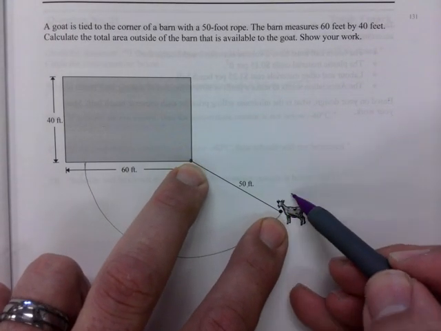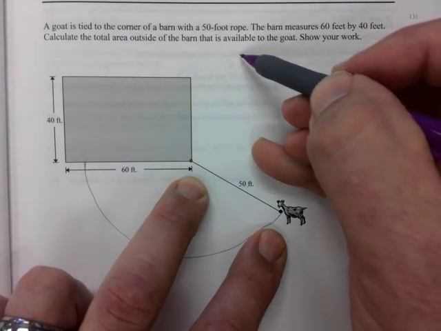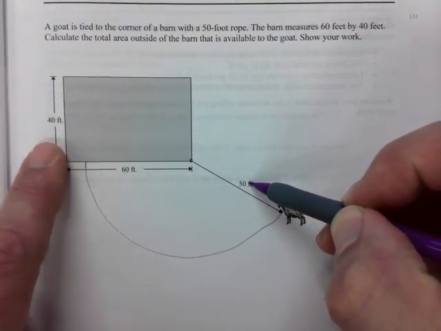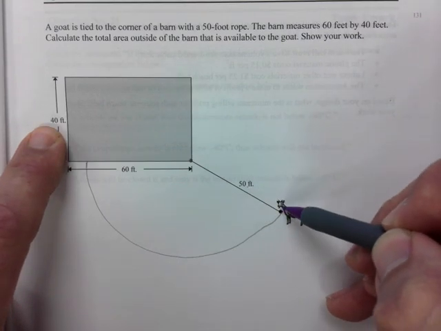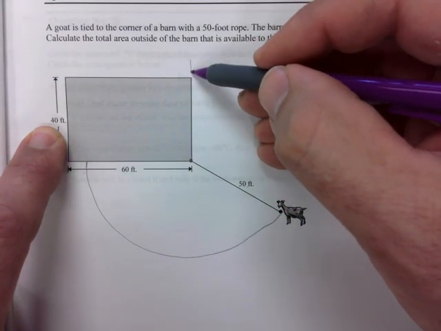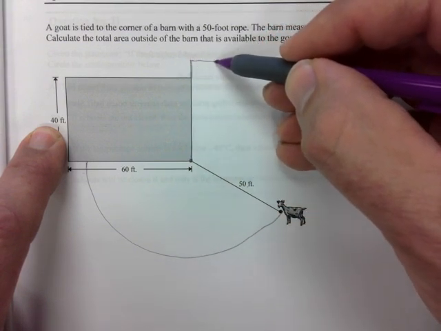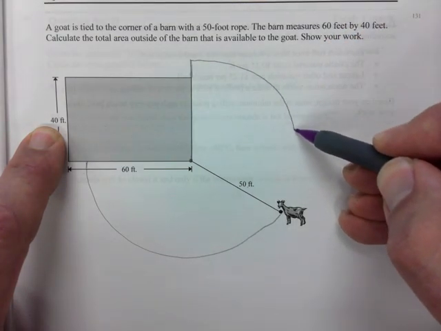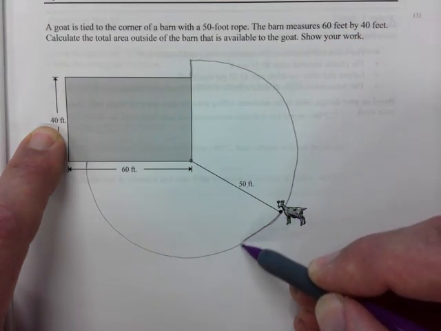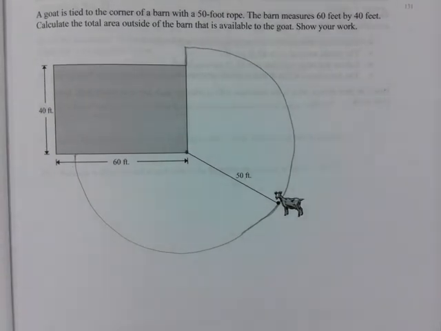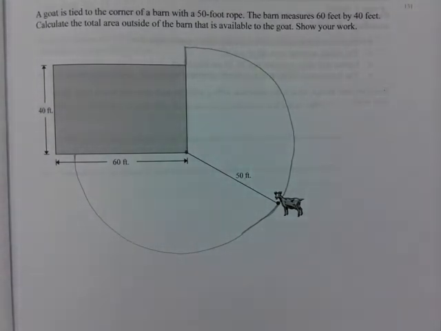And if the goat were to go all the way up here, you can tell that this is 50 feet and that's 40. So it's actually probably going to go up here somewhere. You have to add an extra 10 feet here, and you will have something that looks right. It looks like a circle, doesn't it?